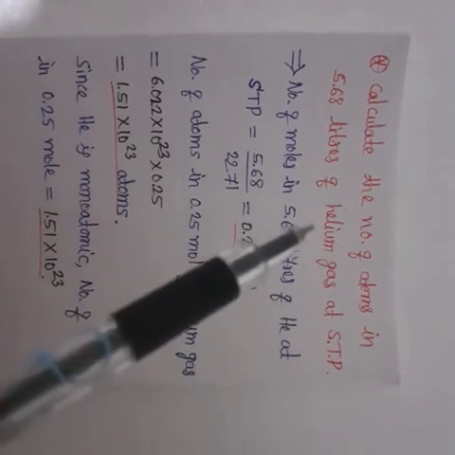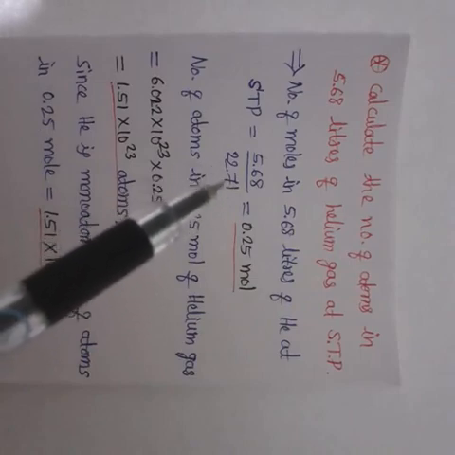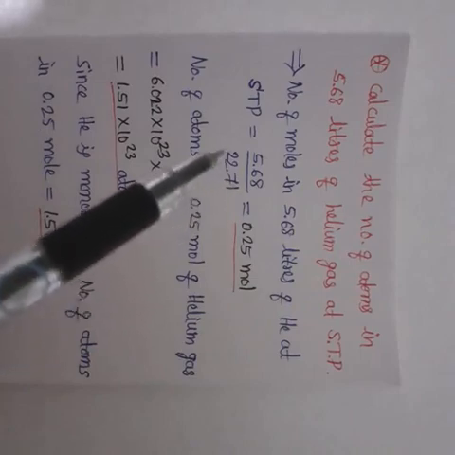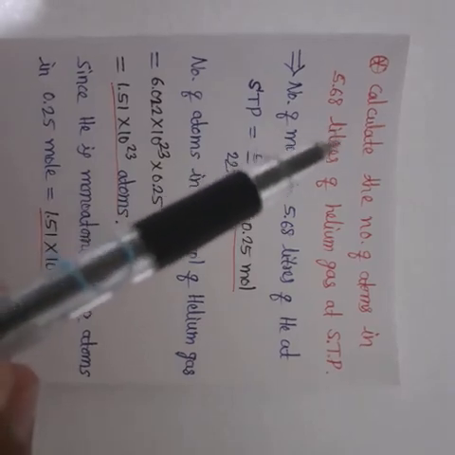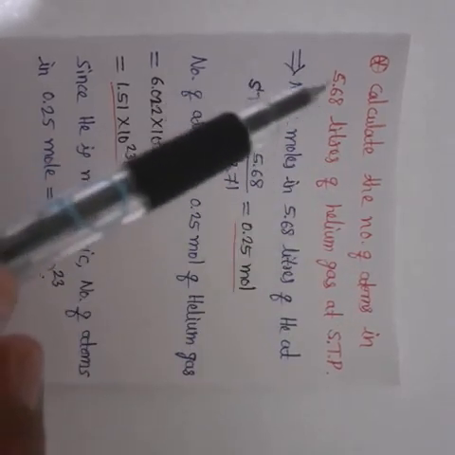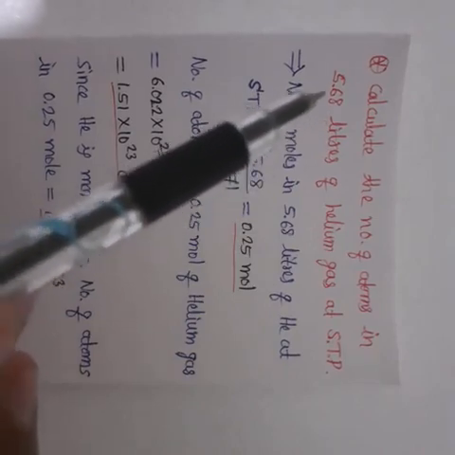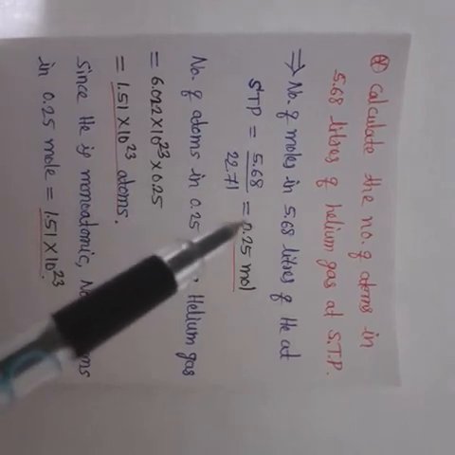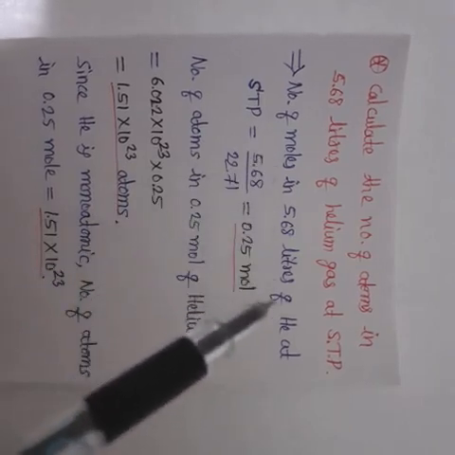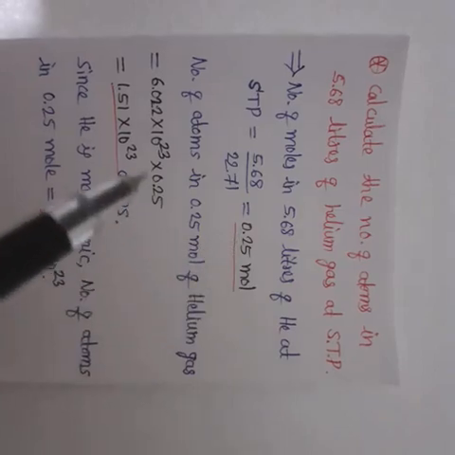Since this is a gas, the volume should be divided by 22.4, which is the molar volume of a gas at STP. If you divide 5.6 by 22.4, we get the number of moles of helium at STP, that is 0.25 mole.